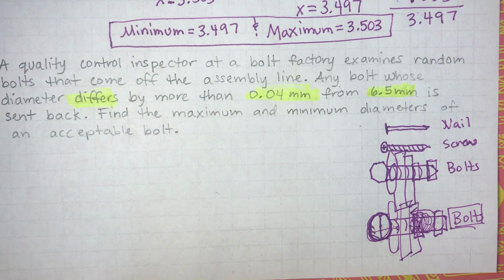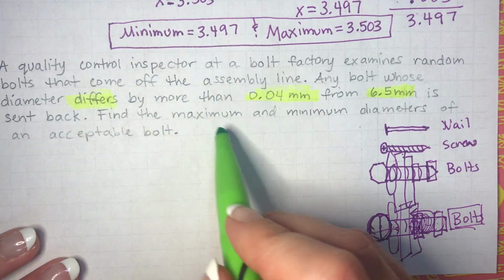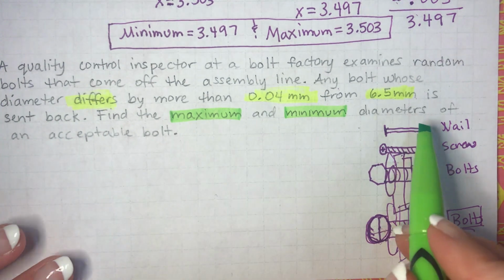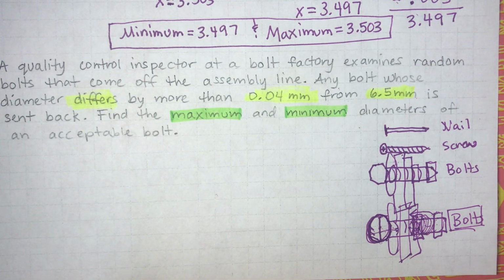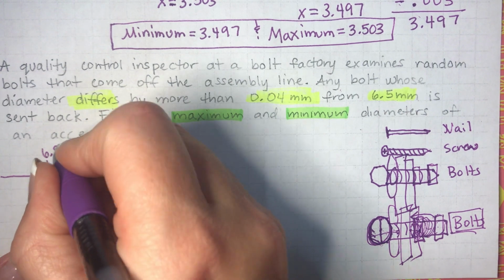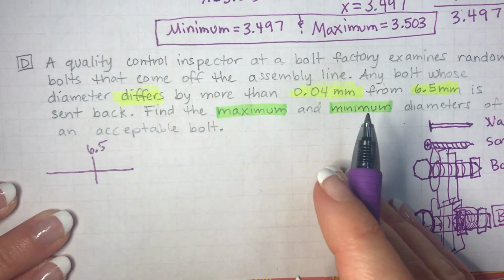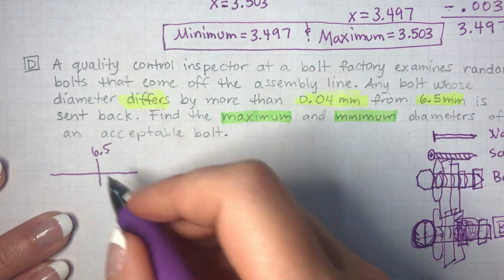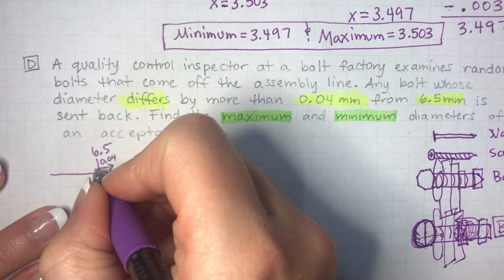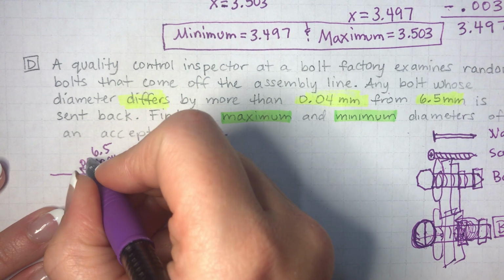Find the minimum, oh, it says maximum. Find the maximum and the minimum diameters of an acceptable bolt. Okay, so what do we have here? We have that the diameter of this bolt is supposed to be 6.5, but it differs by 0.04 this way, and this way, 0.04.